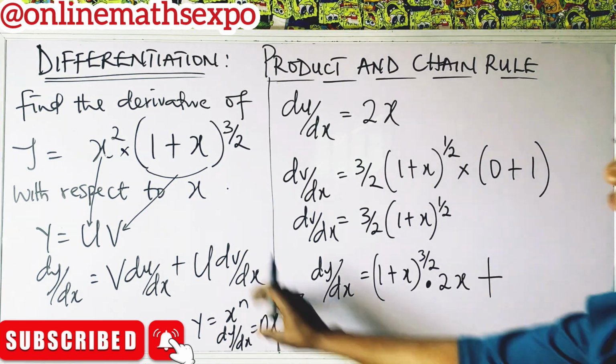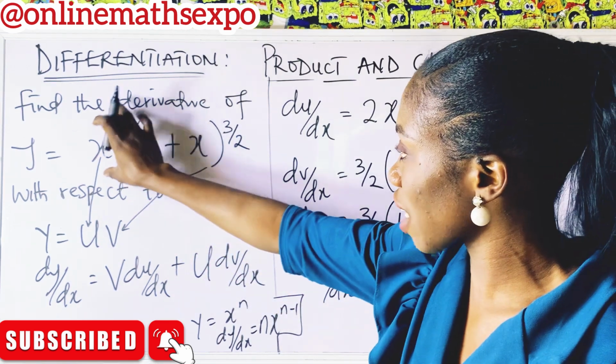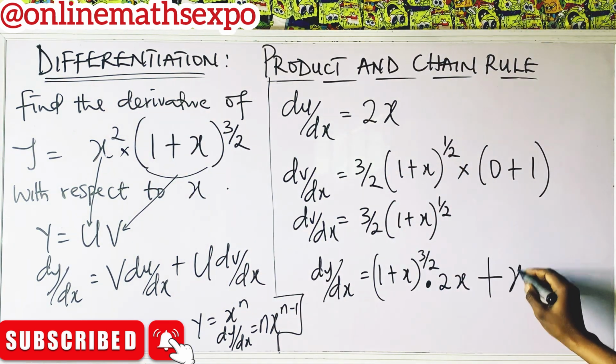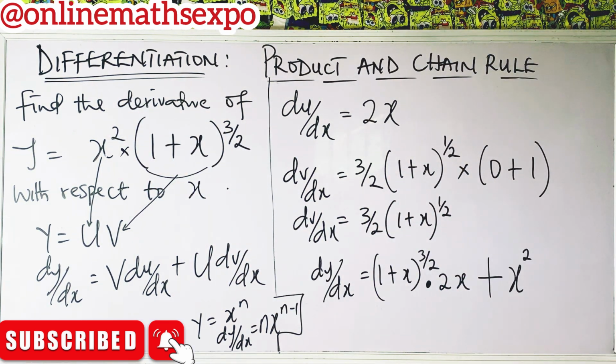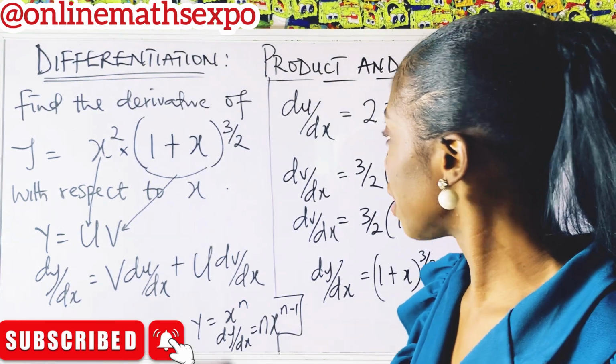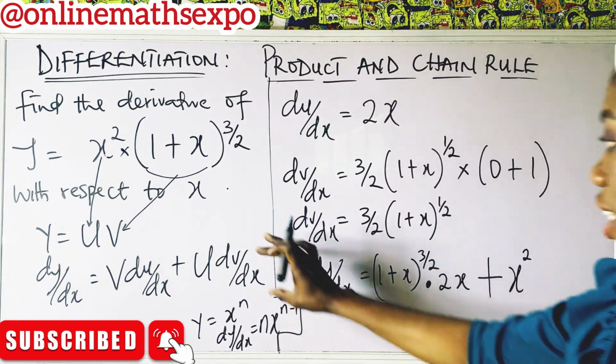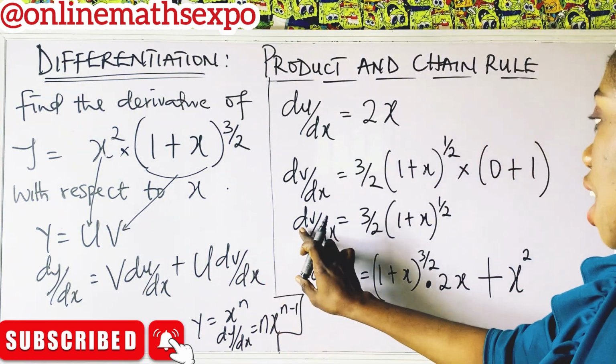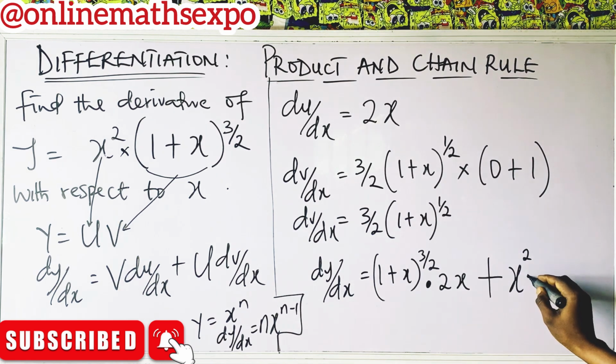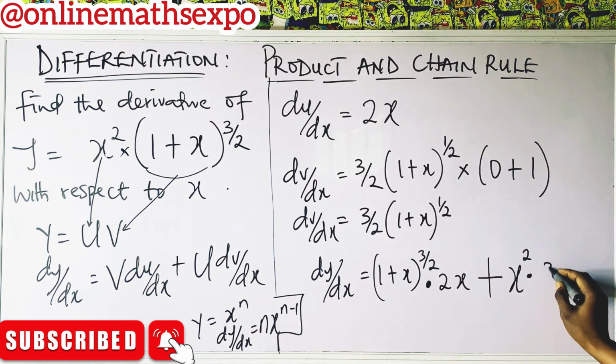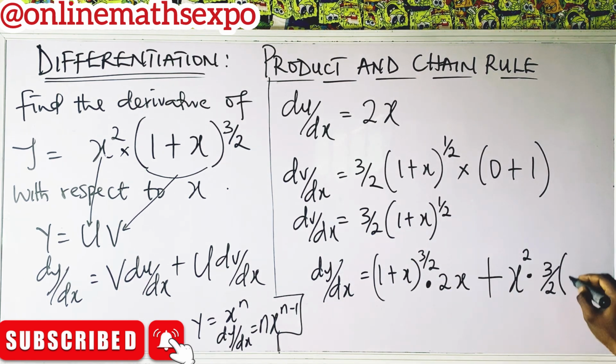Plus, our u is x squared. So we have x squared. Then what again do we need? Dv dx. What is our dv dx? Our dv dx is 3 over 2 into 1 plus x to the power of half.